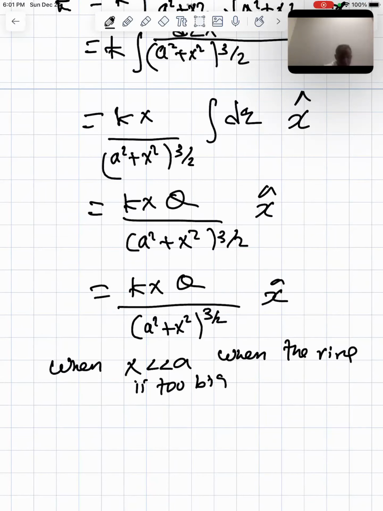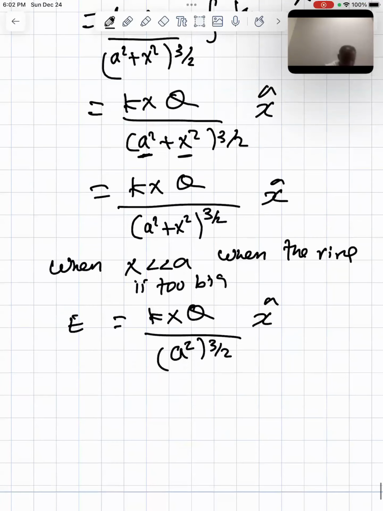Compared to a, x is smaller, so you can neglect x. So it's going to be a squared to the 3 over 2 in the x direction. With that algebra, it's going to be kxq over a cubed. It's boring, it's not interesting.